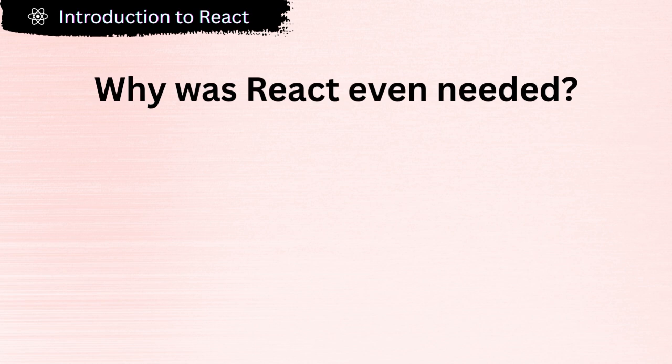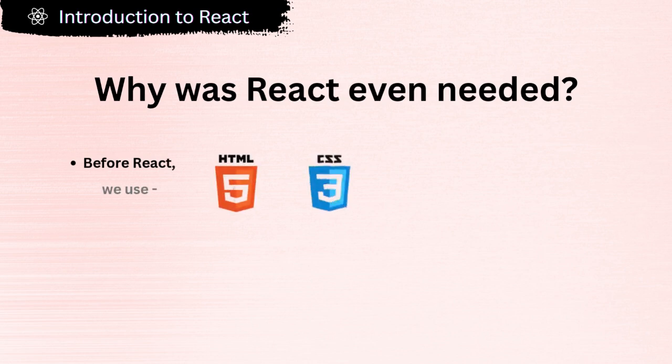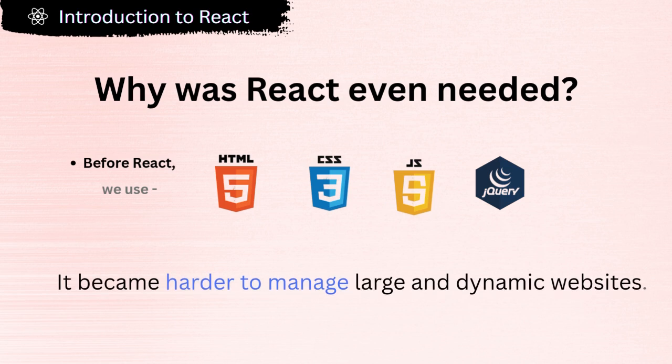Now, you might ask, why was React even needed? Before React, we were using plain HTML, CSS, JavaScript, and sometimes jQuery to build websites. This was fine for small projects, but as a website became larger and more dynamic, it became harder to manage.